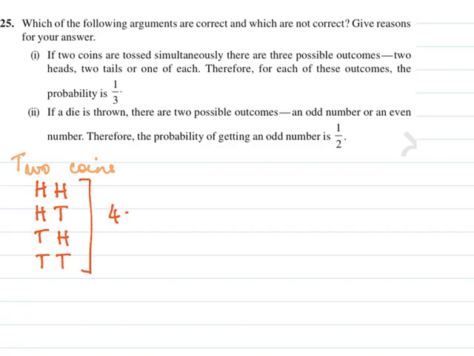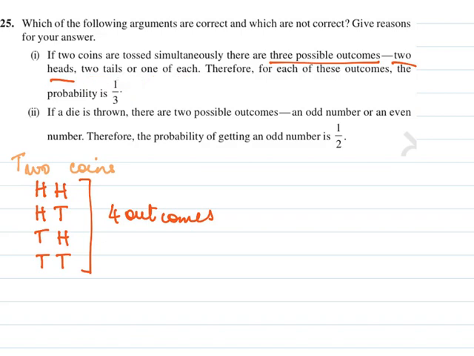So the total outcomes are 4 outcomes. Now here they say there are 3 possible outcomes, which is definitely not right. There are 4 outcomes. 2 heads, 2 tails, and 1 of each. Therefore, each of them will have 1 by 3.